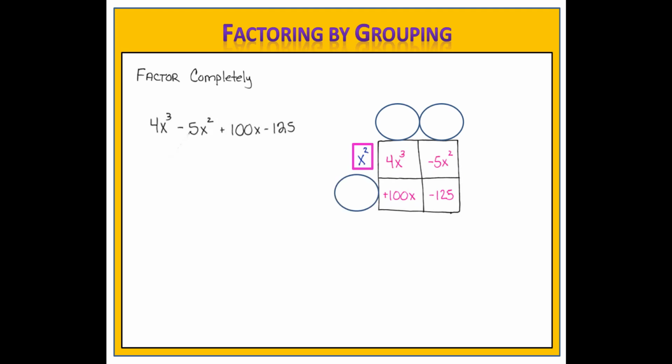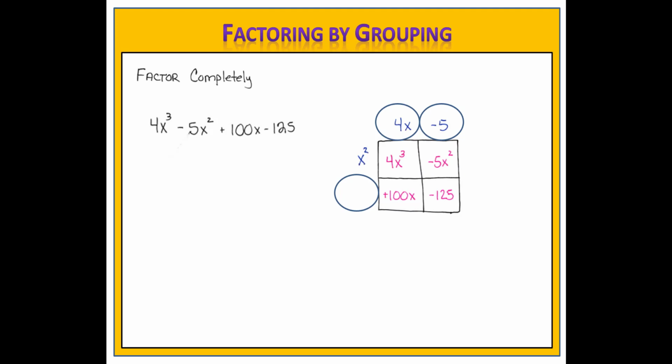Now I use multiplication to fill in the other spots around the grid. X to the second times something equals 4x to the third. X to the second times what is 4x to the third? Well, 4x, so I put a 4x in that position. X to the second times something equals negative 5x squared. X to the second times what equals negative 5x squared? Well, times negative 5. So I put a minus 5 in that position.